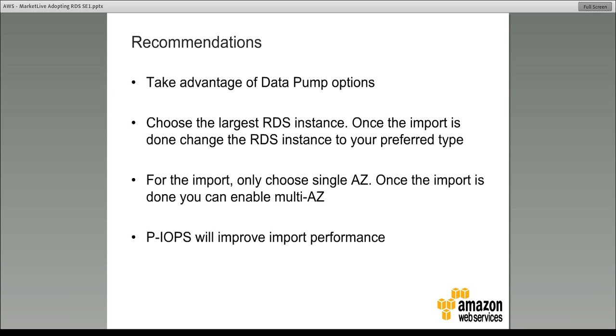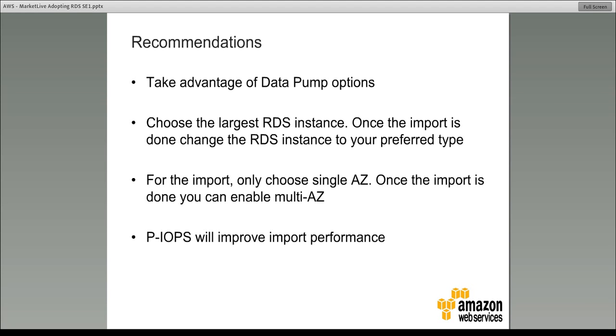And then the third recommendation is, again just for the import, choose single availability zone. We talked about multi-availability zone being our recommendation for any production application. But since I'm doing synchronous writes across 2 separate data centers to ensure that every transaction is written twice for my standby database, I have a high availability configuration.